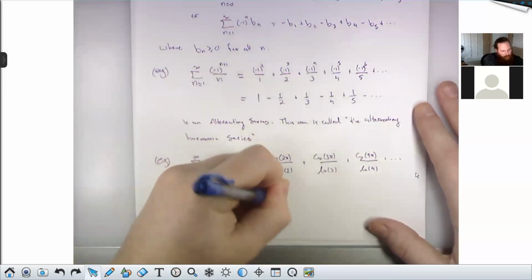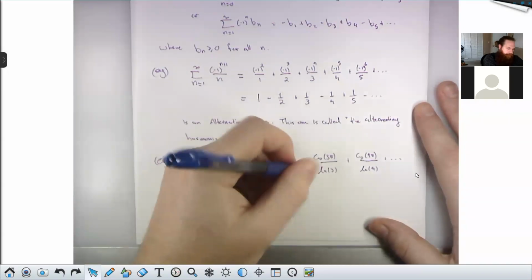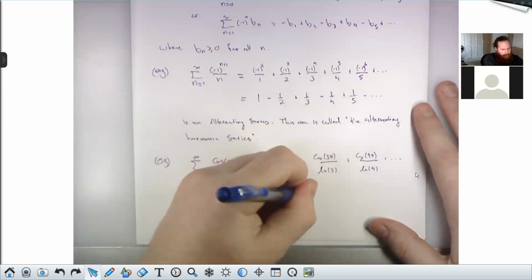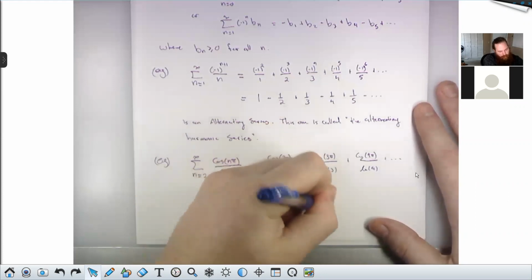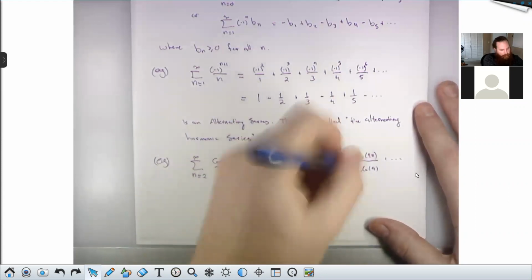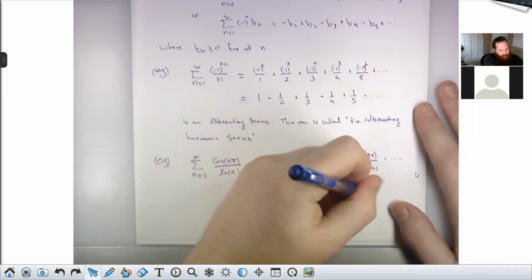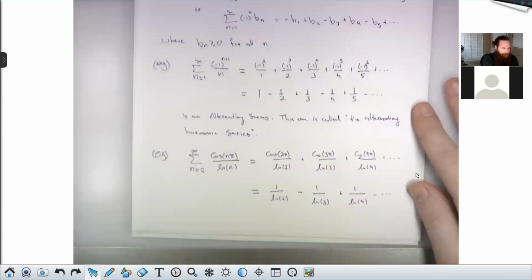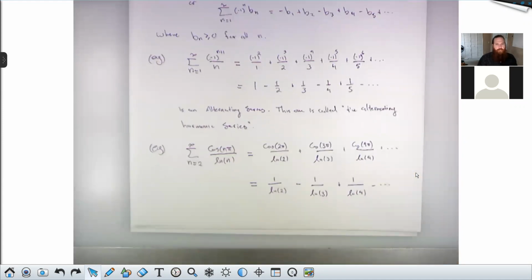So this is 1 over natural log 2. The cos of 3 pi is negative 1. So this is minus 1 over ln 3. Cos of 4 pi is plus 1. And so on. So again, the series changes sign every other term. Plus, minus, plus, minus, plus.